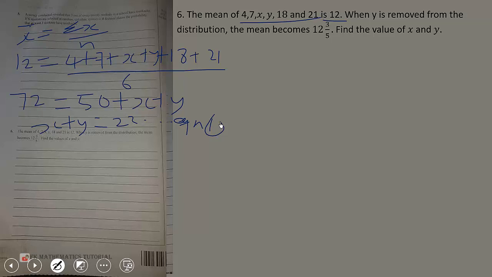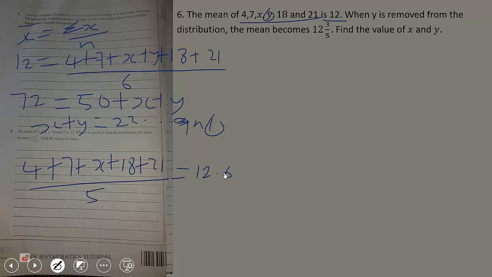Then again, we're told that when y is removed from the distribution, the mean becomes 12 whole number 3 over 5. So when we remove y from the distribution, you are left with 4 plus 7 plus x plus 18 plus 21, all over 5, is equal to 12 whole number 3 over 5, which is 12.6.